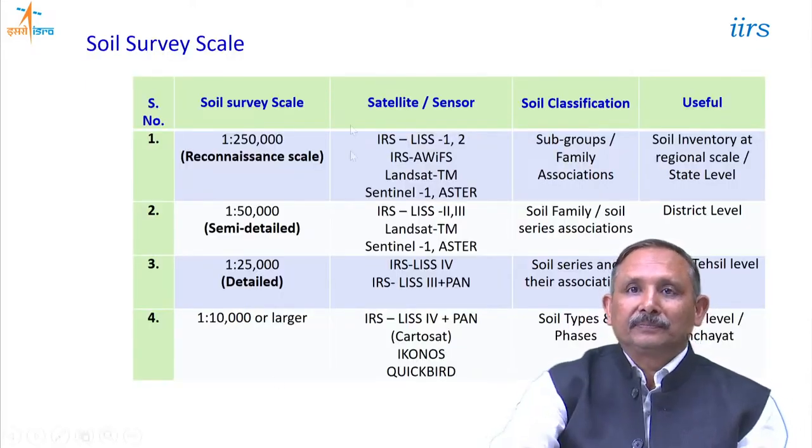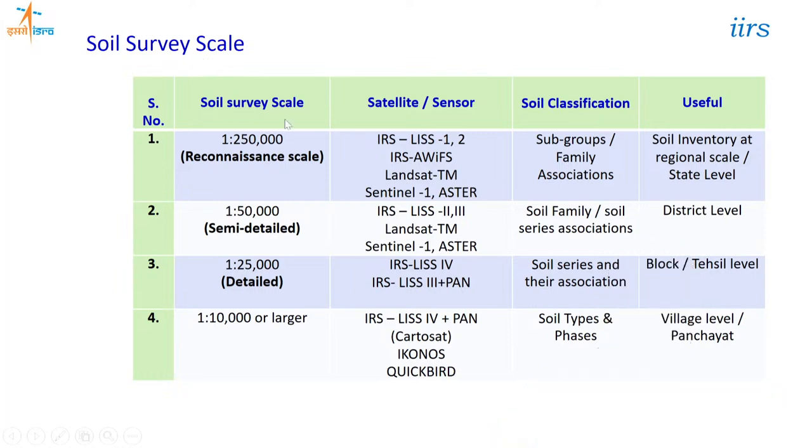In soil survey, three standard scales are there. Reconnaissance survey is done at 1:250,000 scale. Semi-detailed survey is done at 1:50,000 scale, and detailed survey is done at 1:25,000 scale, and larger than that we call very detailed survey, 1:10,000.